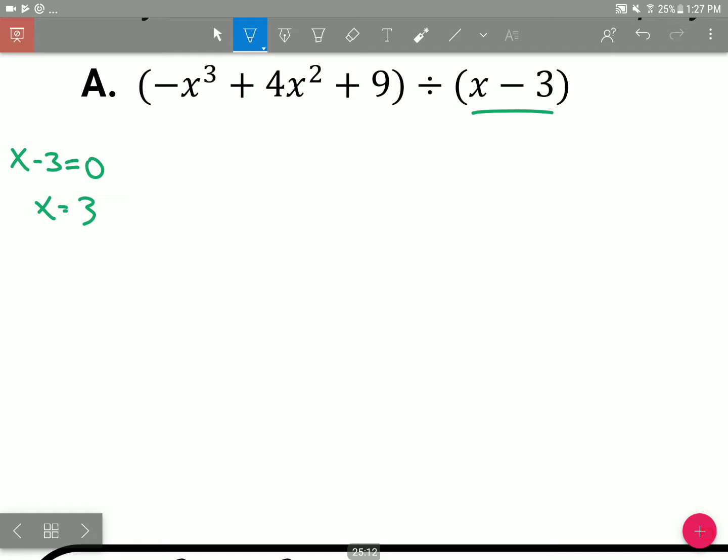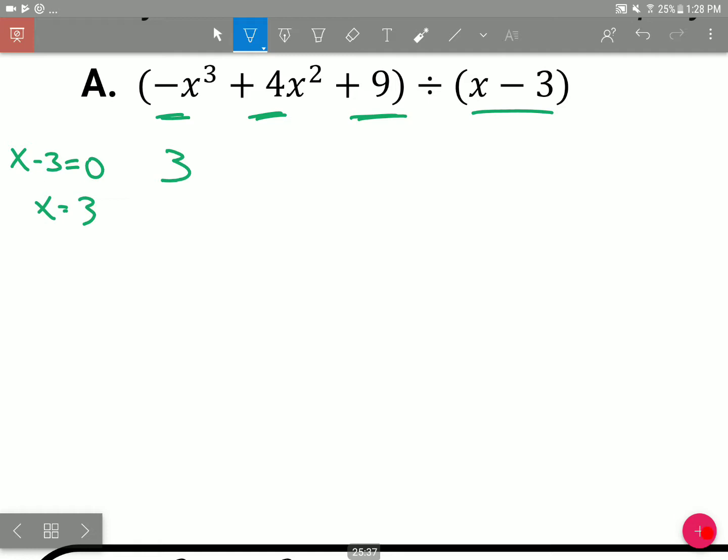All right? From here, I need that number, and then I need all the coefficients. Okay, so the -1, the 4, and the 9. Now, do I have to add a 0 anywhere? Well, yeah. Where? After the x squared.